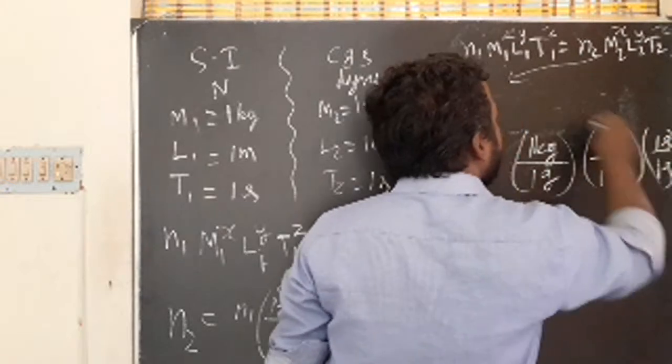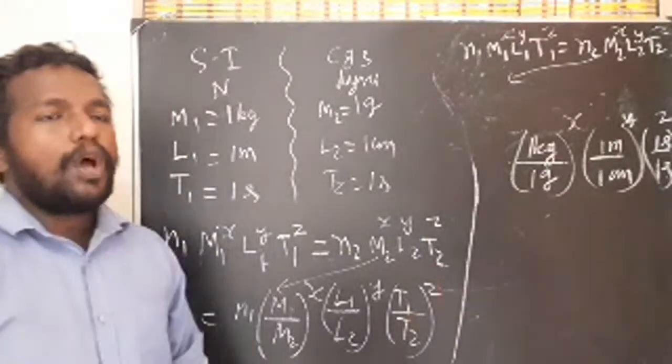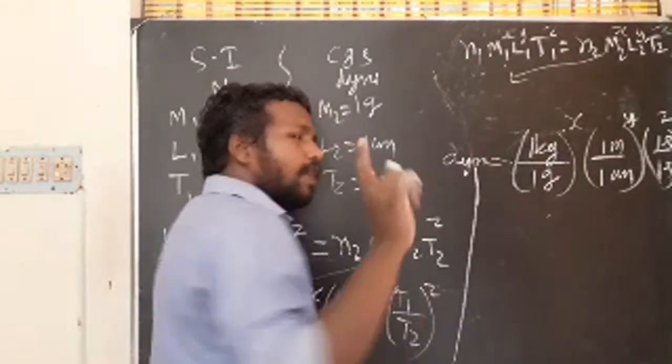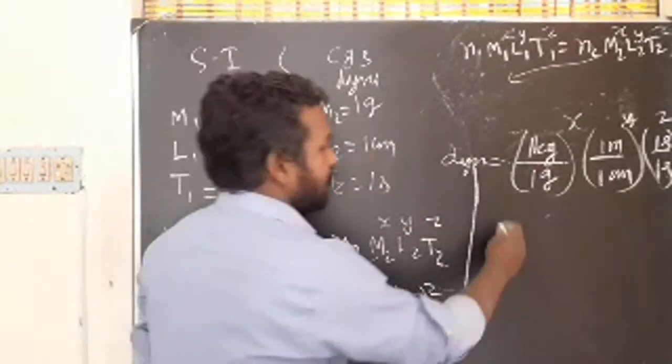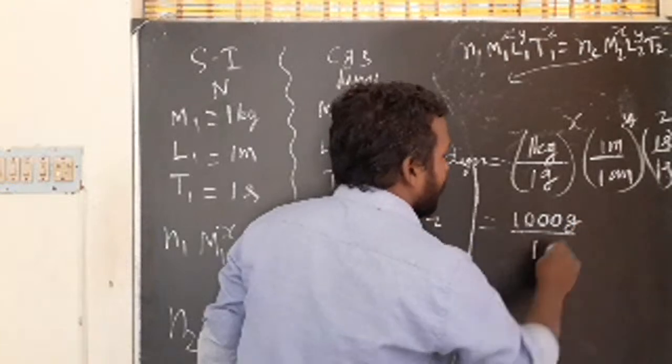The powers will be x here, y here, z here. This is equal to, we are converting to dyne, how many dynes. So 1 kilogram is how many gram? 1000 gram, so I am writing 1000 gram by 1 gram. The unit will get cancelled.